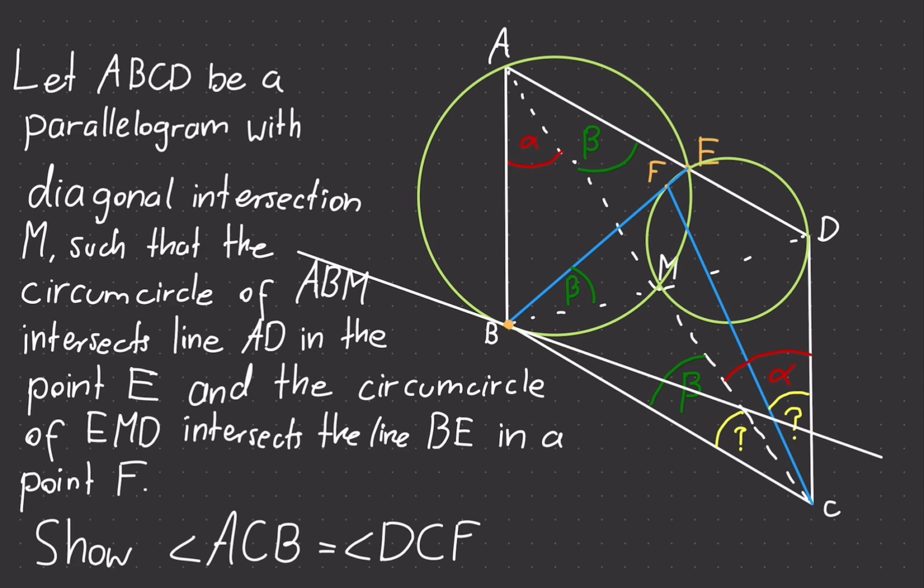And the simple thing is that we can now use the alternate segment theorem, that I'm first going to draw in general. And it says that you have a circle and a triangle inside, like this. Then if you have a tangent that passes through a corner of the triangle, so it's a tangent to the circle, then this angle here will be the same as this angle here.